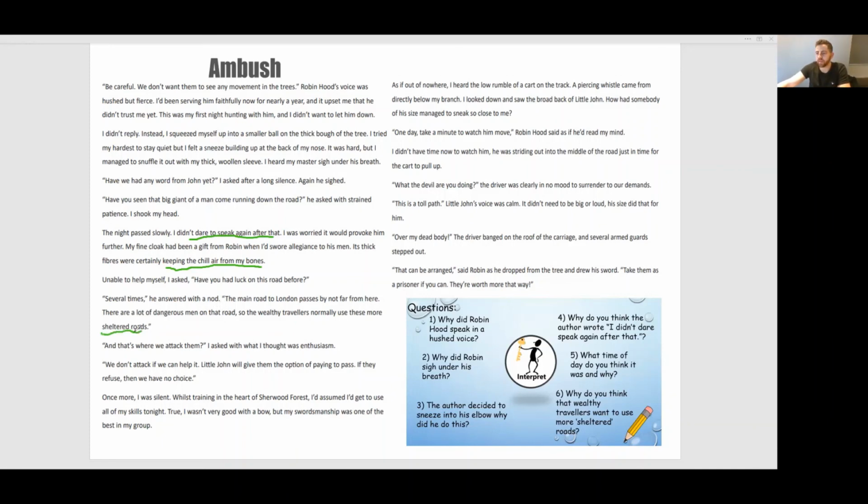Okay, and if they're wealthy travellers, they want to avoid dangerous men, because if they have lots of money, lots of possessions, lots of wealth with them whilst they're travelling, then they're a target, aren't they, for thieves and burglars and people that might want to do them harm. So they went to the more sheltered roads where they're a bit more protected, so that they were able to keep a bit safer.